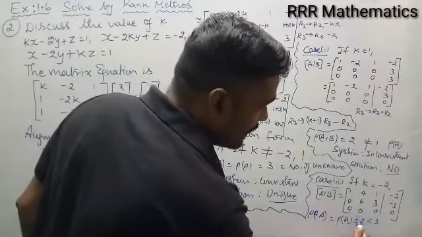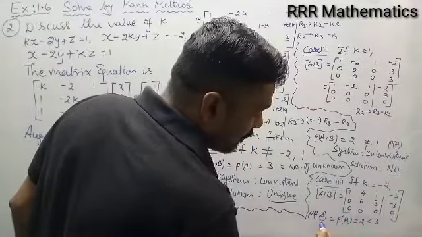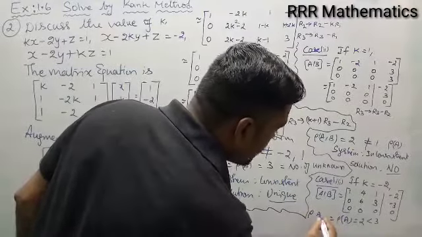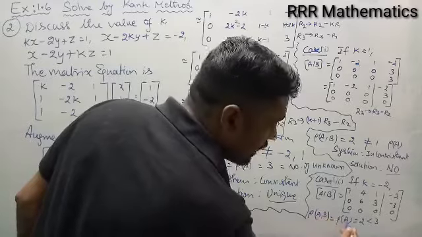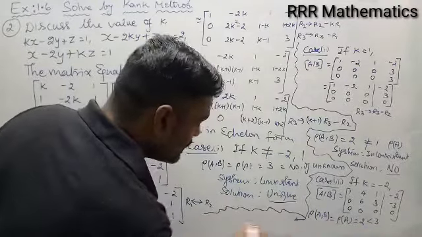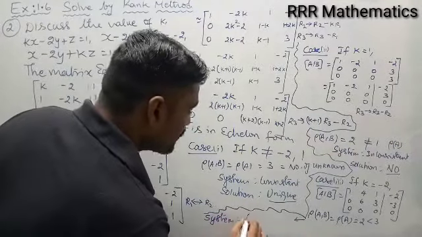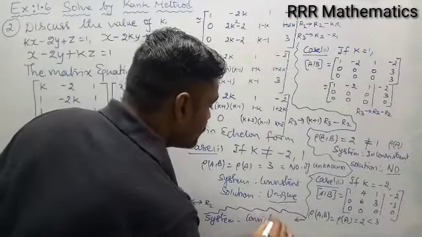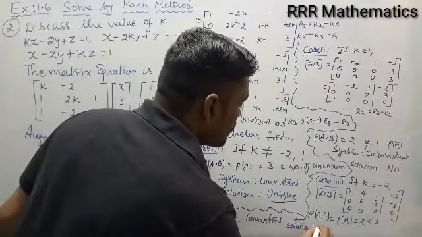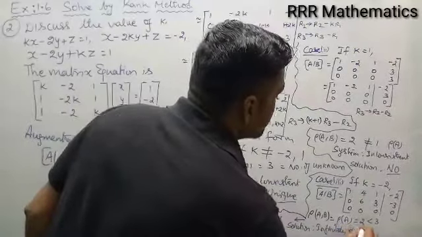I don't have space, so I will write here. Please try to understand. Case 3, k equal to minus 2. I have A comma B like this. The rank of A comma B and rank of A are equal to 2, less than 3. So in this case, system consistent, solution infinitely many.